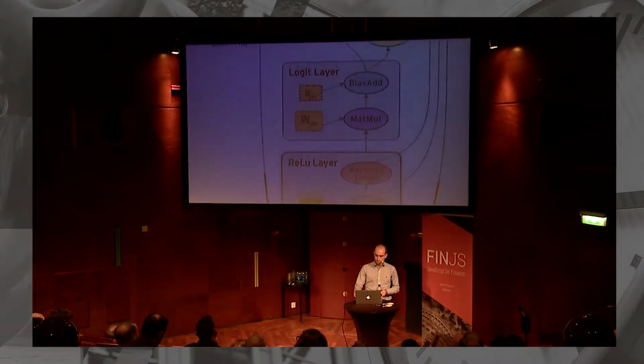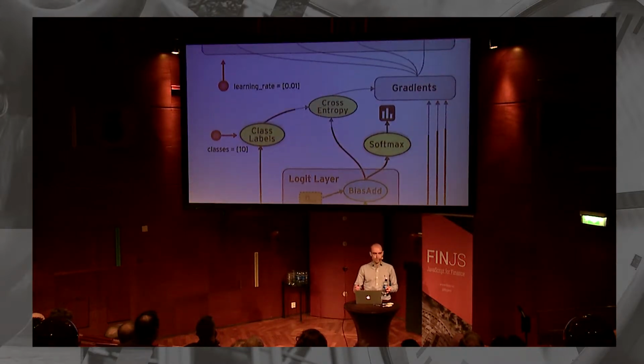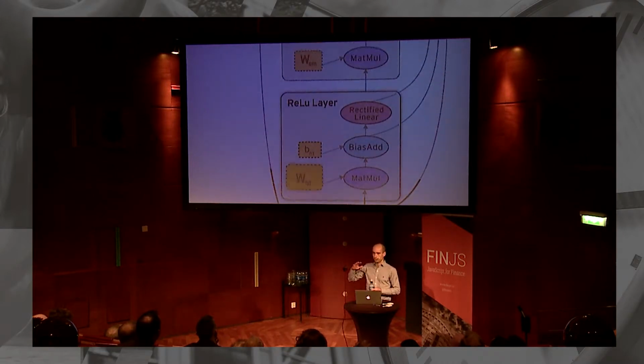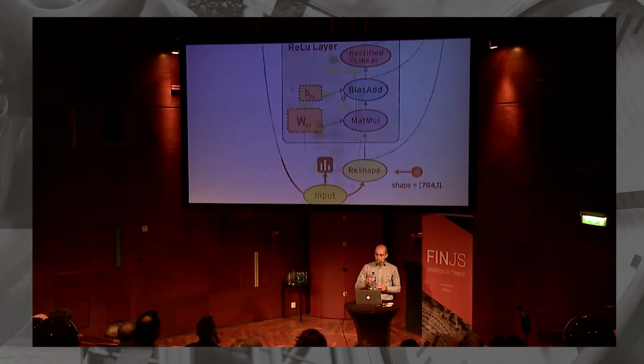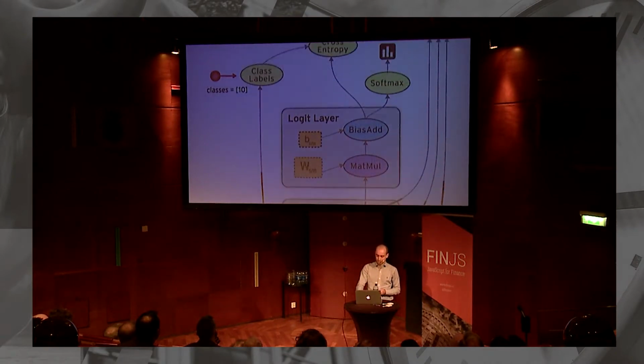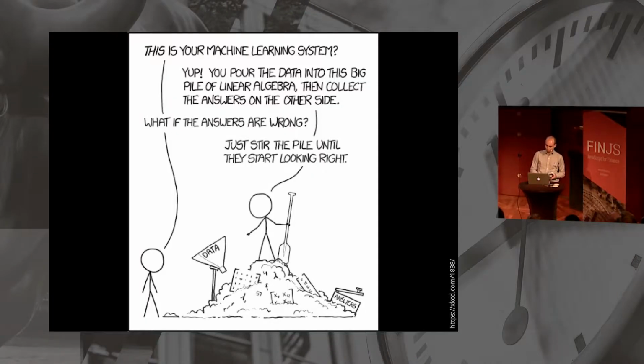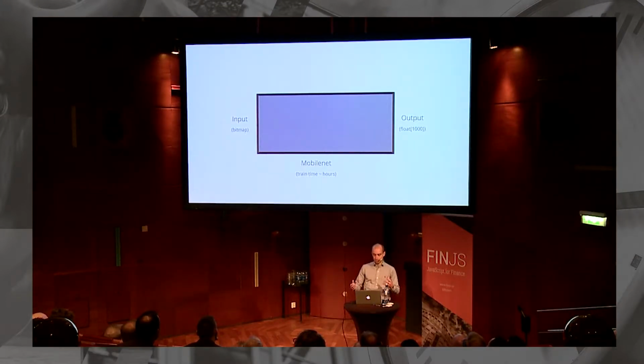Well, first off, does everyone know what training is? I guess this is a bit of a visual montage of a typical training setup. But again, at a high level, I prefer to think of things like this. So yeah, all that stirring does take an awful long time. So how can we optimize how long the stirring takes?